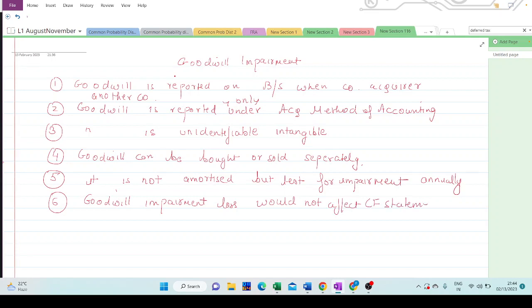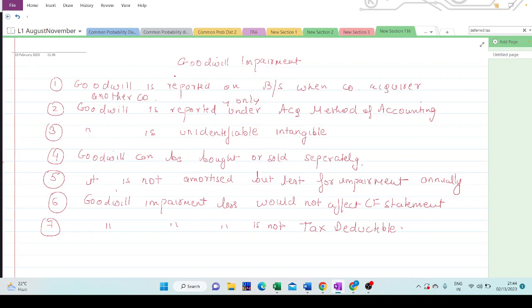Also, guys, very important, goodwill impairment loss is not tax deductible. So even if goodwill is impaired and we recognize a goodwill impairment loss in the income statement, income tax authorities won't recognize this loss.